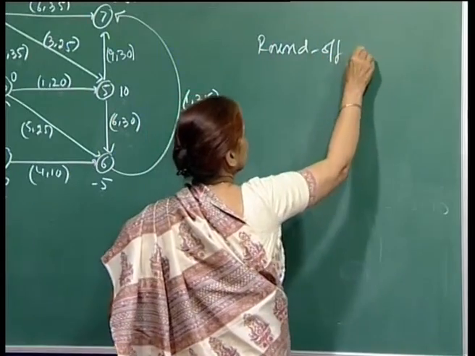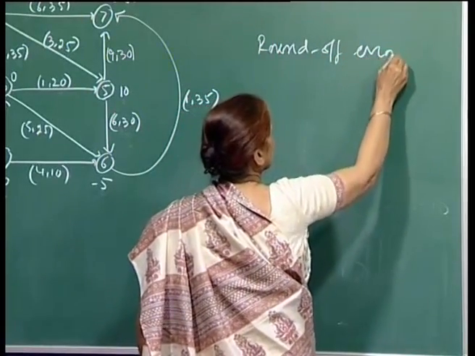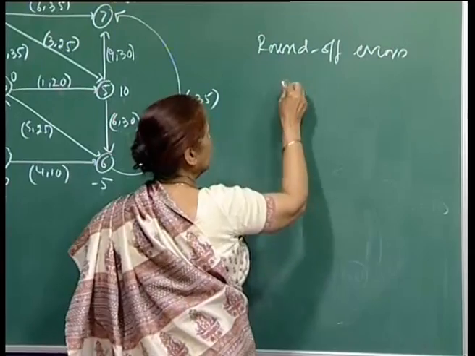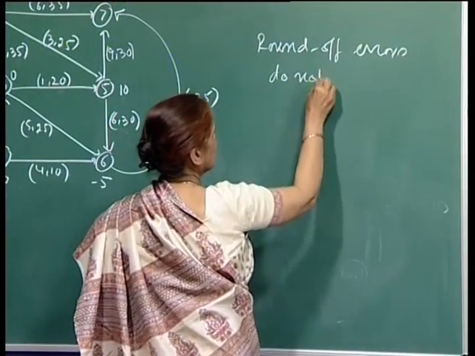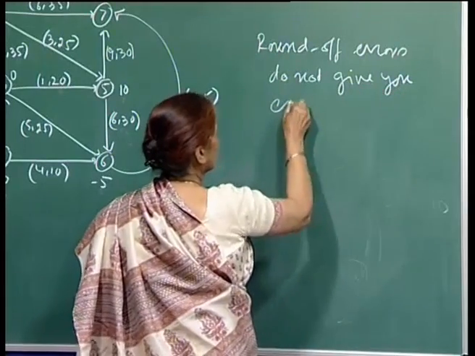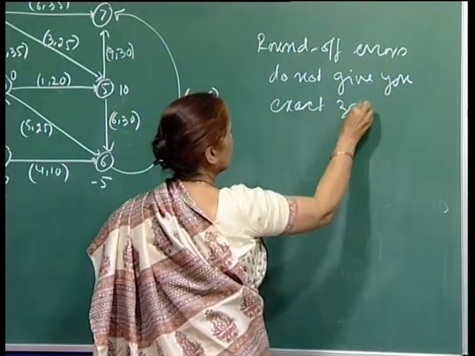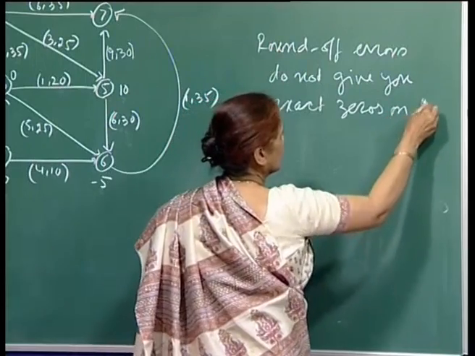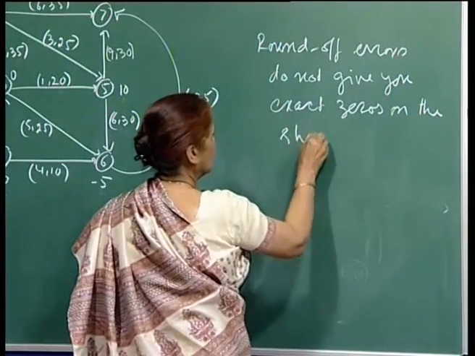Round-off errors do not give you exact zeros on the right hand side.